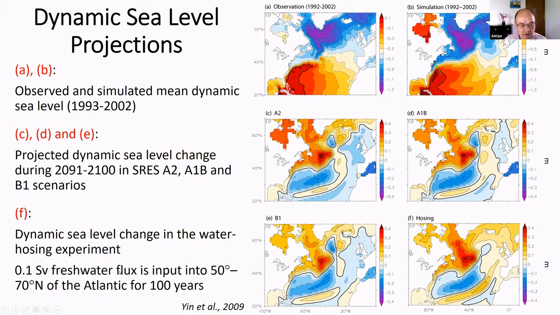This additional freshwater flux can cause a similar reduction of the AMOC. Panel F shows the resulting dynamic sea level change pattern in the hosing experiment. You can see this pattern is similar to the change pattern in the projection run.